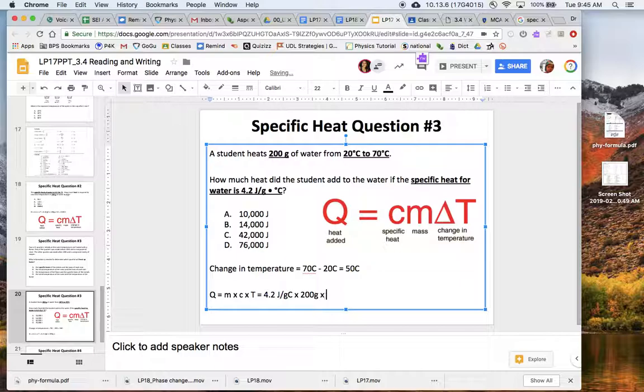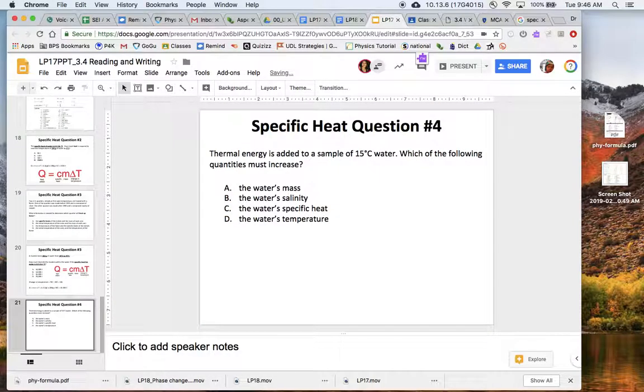So here we multiply by 50. If we do that math, I'm going to use my calculator, 4.2 multiplied by 200 multiplied by 50, we get 42,000 joules. Okay, that's this number here, C, 42,000 joules. Let's go to the next one.